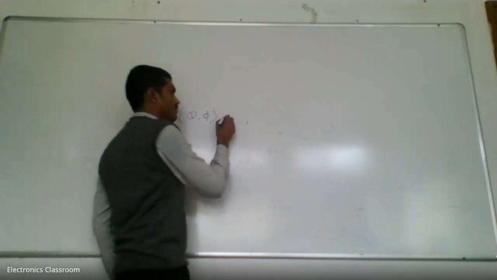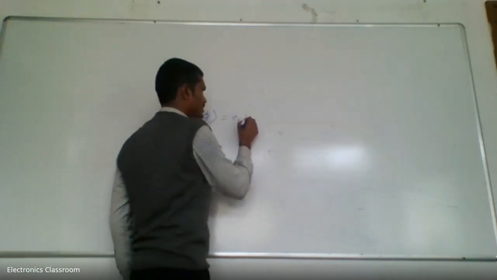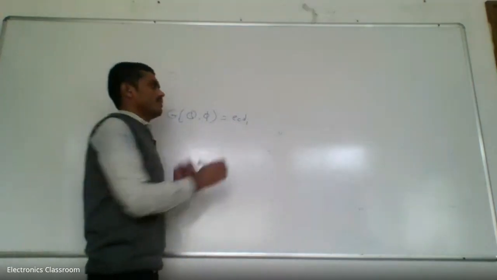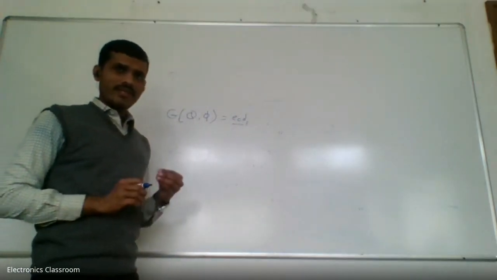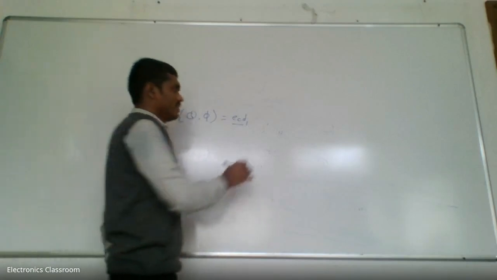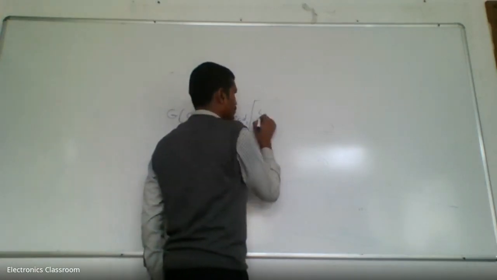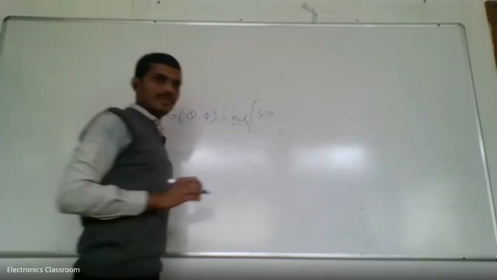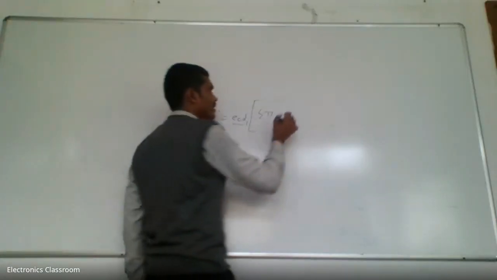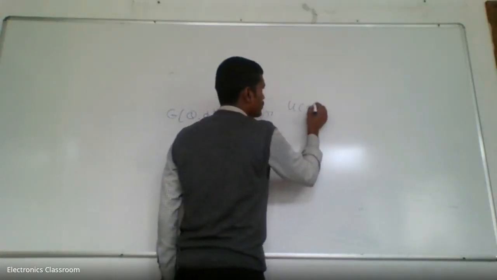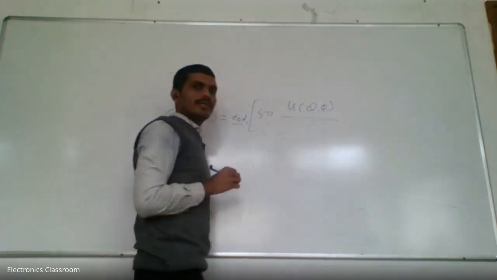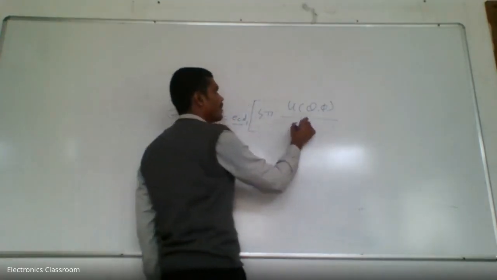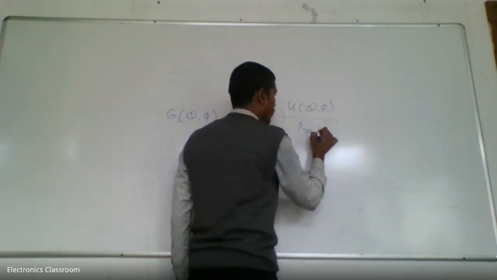It can be written using the radiation efficiency, ECD: ECD into 4 pi into U of theta comma phi divided by P radian.